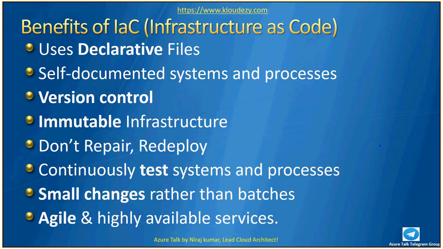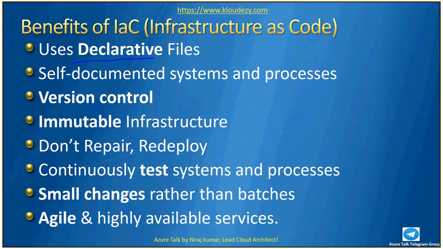As I have already talked about, there is the declarative format, where you don't specify how to get there. You just say this is the end state I want. The system will take care of making sure that it always maintains that end state. You don't have to specify how to reach that end state, so that's why it is a declarative template. Then you have a self-documented system.